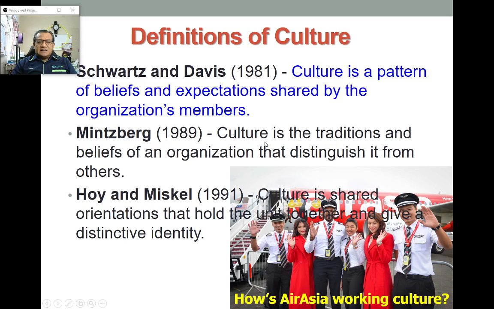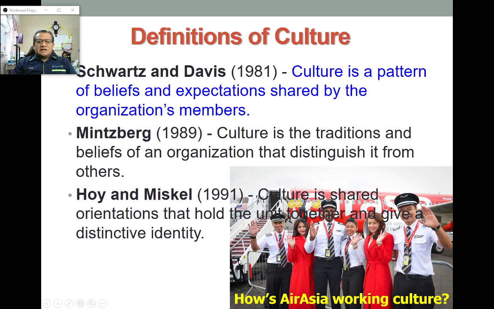Mintzberg defined culture as the traditions and beliefs of an organization that distinguish it from others. Okay? Mintzberg's definition emphasizes belief or tradition that will make the organization distinctive, differentiating it from its competitors or from others.